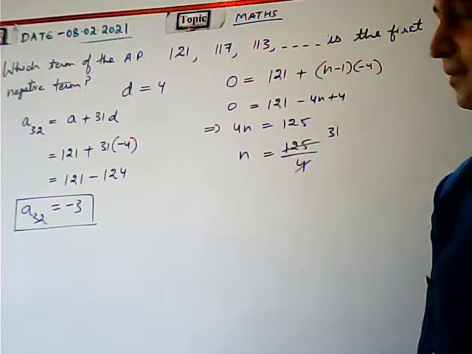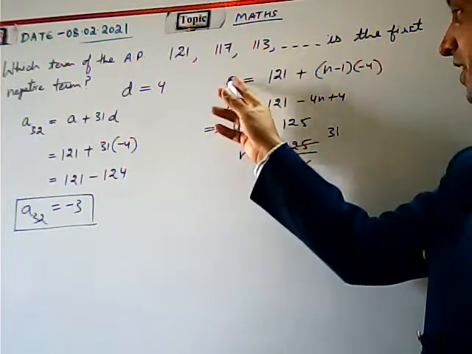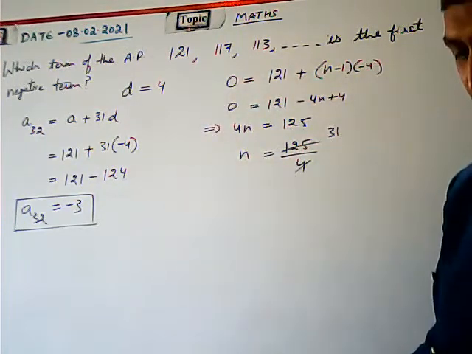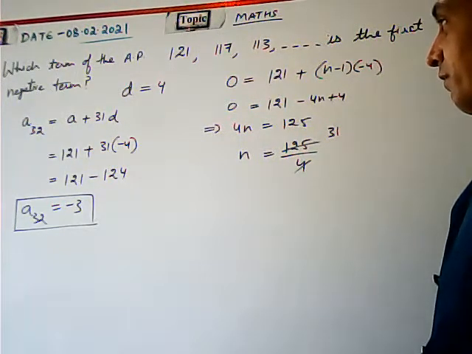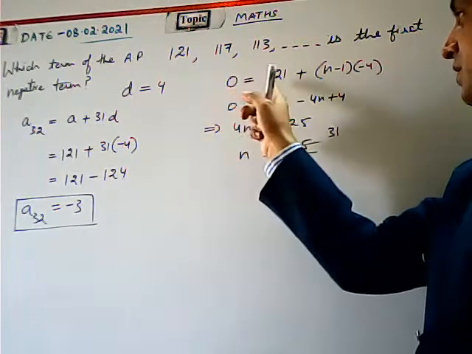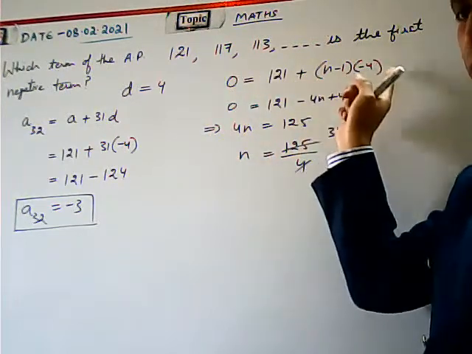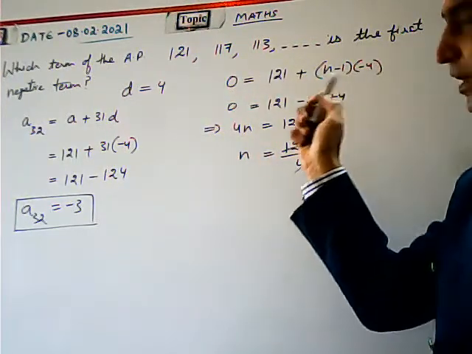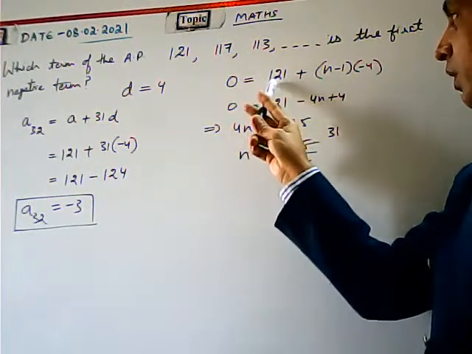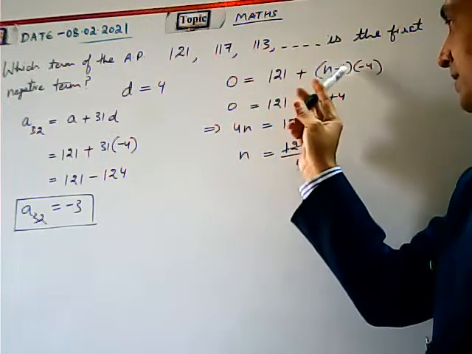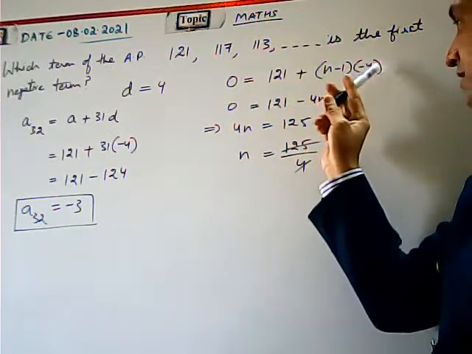So what we have done, we have checked whether 0 is a term of this AP. By substituting the values in the formula an is equal to a plus n minus 1 into d, we have 0 is equal to 121 plus n minus 1 into d, that is minus 4.